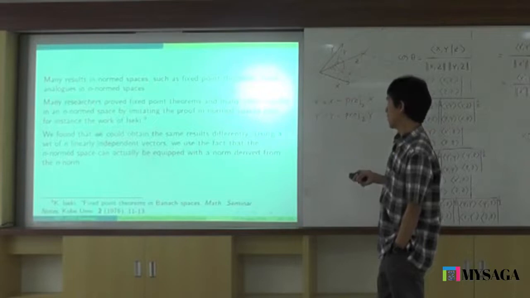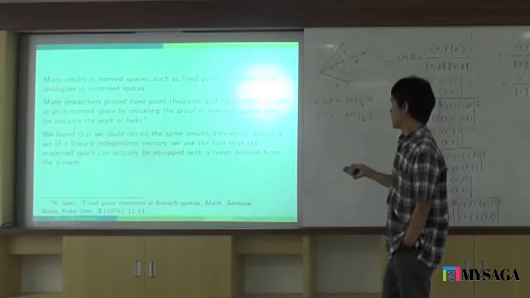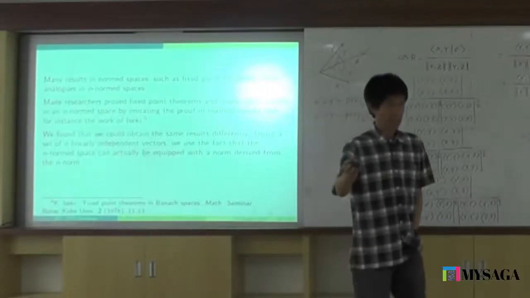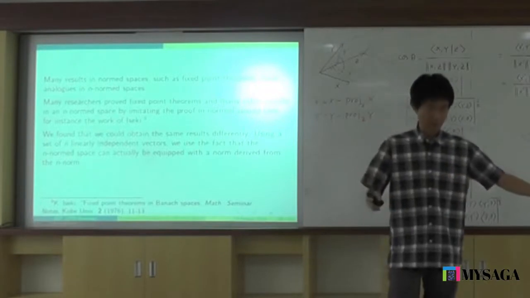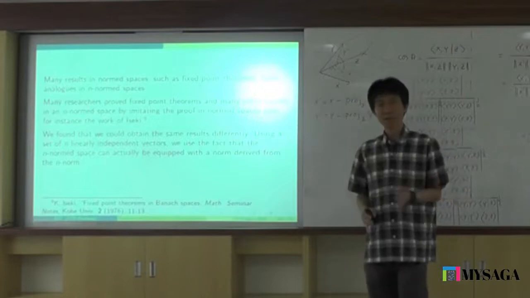So we found that we could obtain the same results differently by using a set of n linearly independent vectors, and then define a norm, like defining a norm from a seminorm and a product. Here I will define a norm from the n-norm.